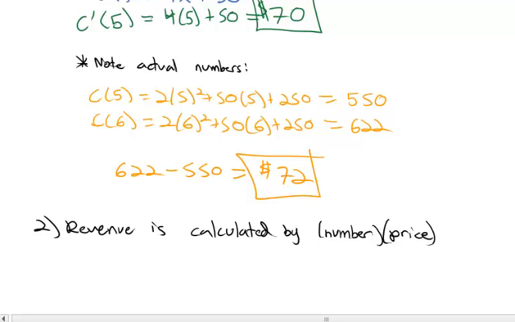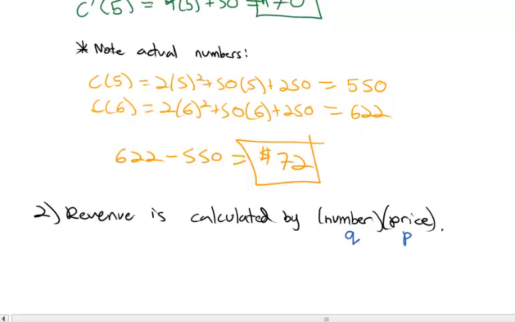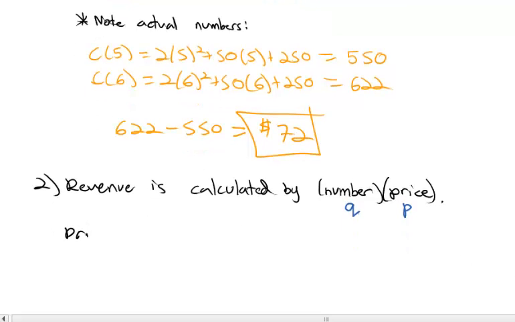Your book uses, for the number of items, the variable Q, and for the price of the item, the variable P. And as it turns out, price is often a function of the number sold.